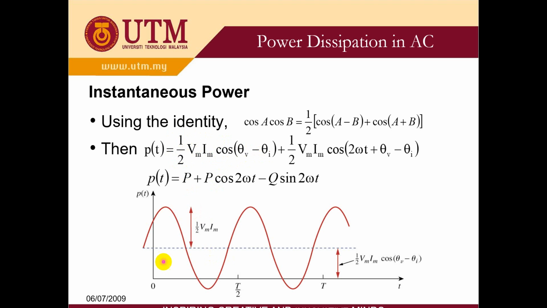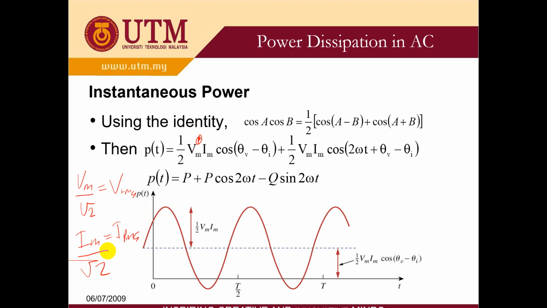Remember that if you change to phasor, Vm over square root 2 equals V RMS, and I RMS is Im over square root 2.